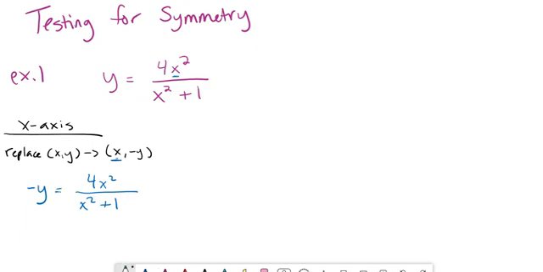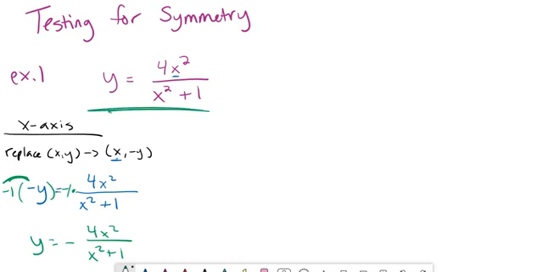We could try to multiply both sides times negative 1. It's an equation, it's balanced, it's fair, you're allowed to do that. Negative 1 times negative y would get me back to positive y. But when I multiply the right-hand side, it stays negative. And so I'm still not back to matching my original purple equation.